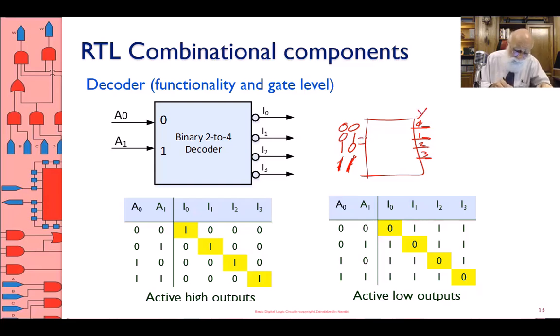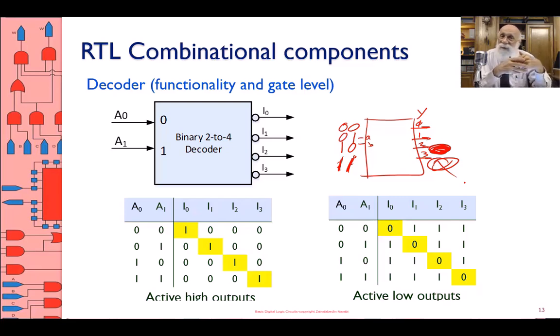And then this is the A B input. If I give it 2, the light connected to output number 2 will light up. If I give it binary 3, the light bulb connected to output 3 will turn on.